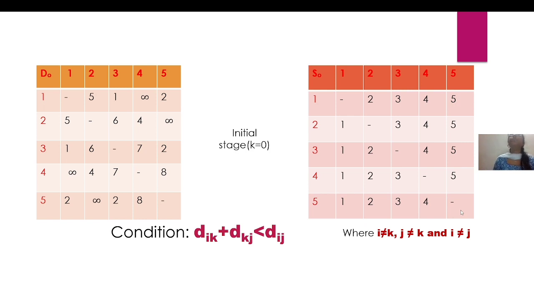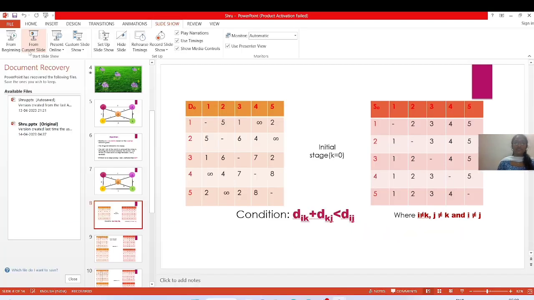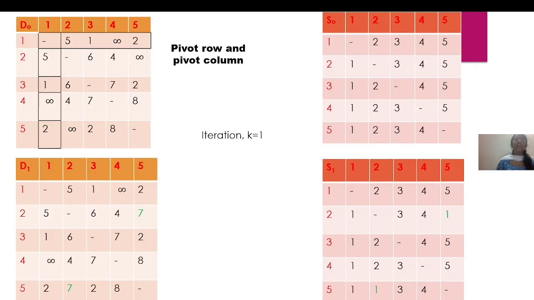Now we are going to look into the next iteration, that is iteration k equal to 1. Before going to that, we have to follow this condition, that is dik plus dkj is less than dij, where i, j and k will all be different. Now let us go to iteration 1, that is k equal to 1. Initially we are going to fill the D1 matrix and the S1 matrix with the help of the D0 and S0 matrices.